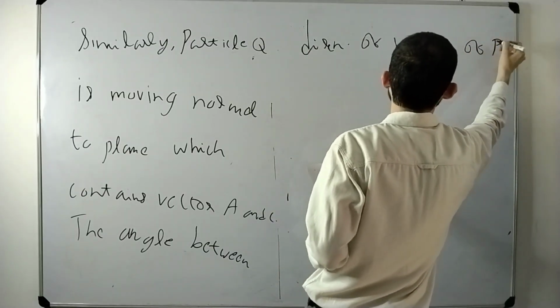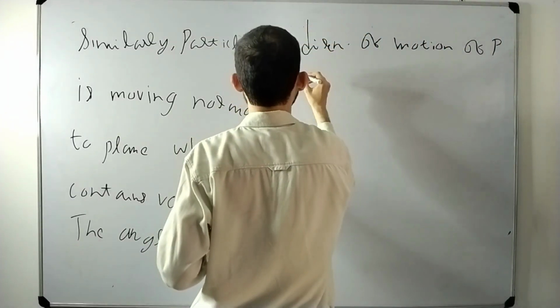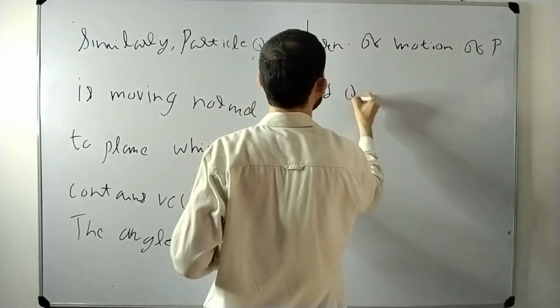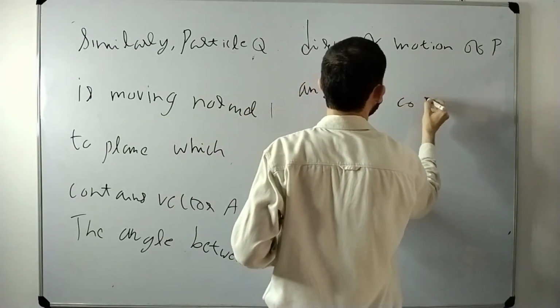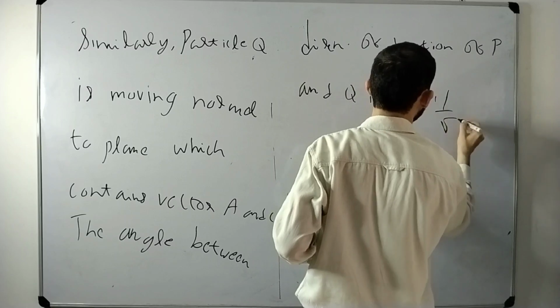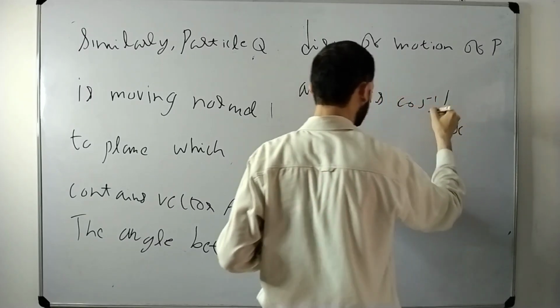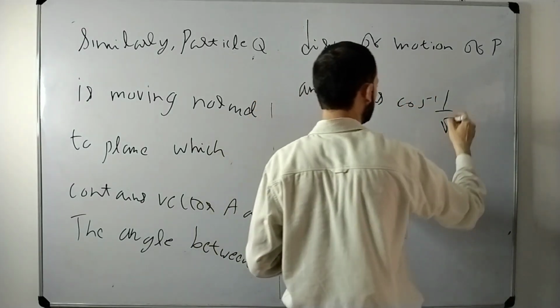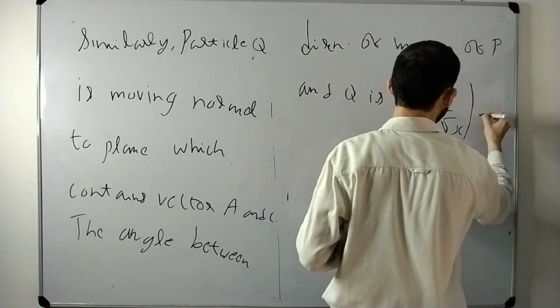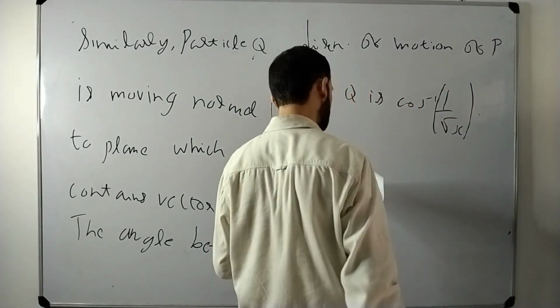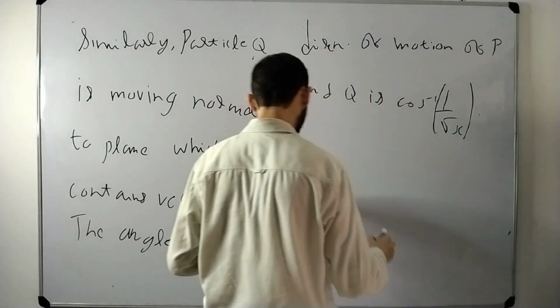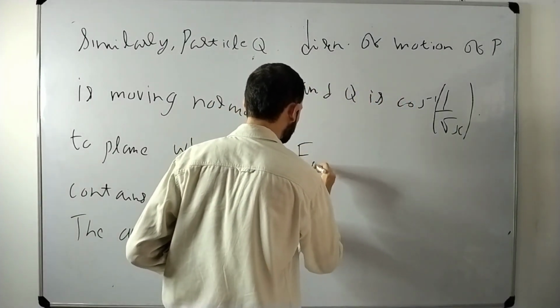The angle between the directions of motion of P and Q is cos inverse 1 by under root x.